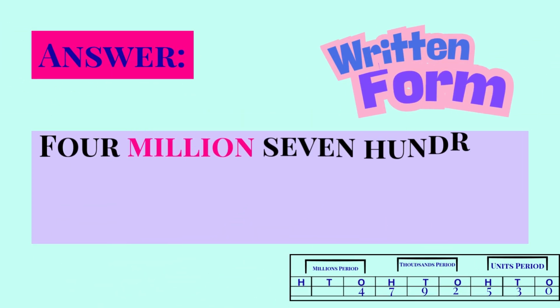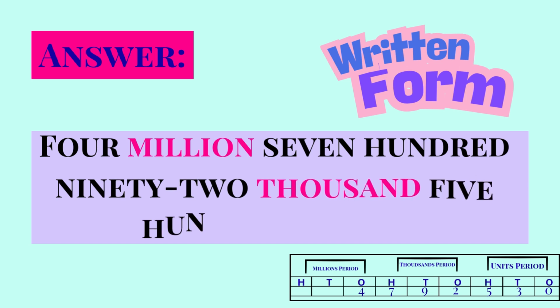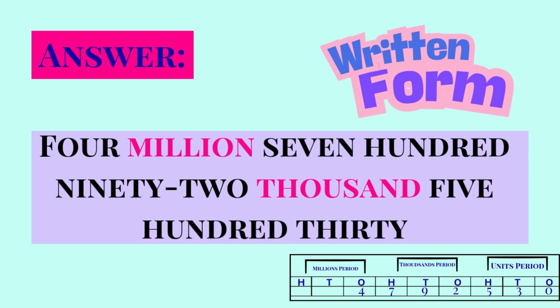Welcome back. The number in words is 4,792,530. Here's the breakdown. In the millions period, we have the digit 4, so we say 4 million. In the thousands period, we have the digits 7, 9, and 2.